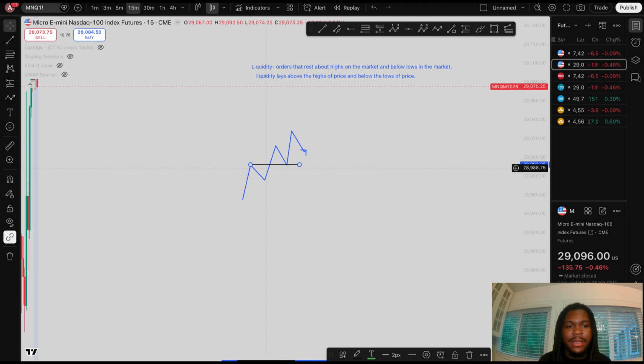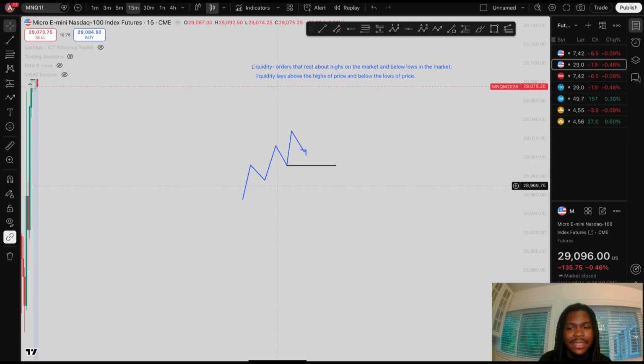They're getting in at a more expensive price to sell, which means they made money, or they are getting in below the lows. They have an order below the lows to get in at a cheaper price in order to make more money when price goes back up.